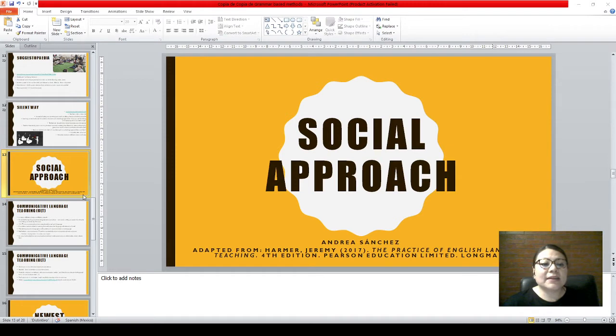That means that if students were involved in meaning-focused tasks, then language will take care of itself. That is a premise that is kind of extreme, I think.